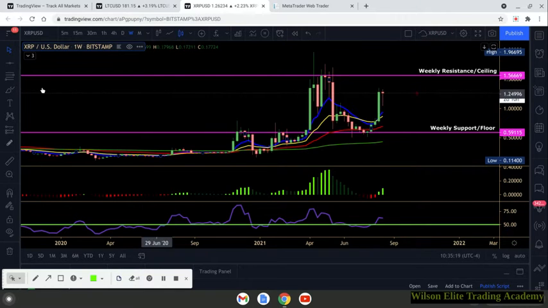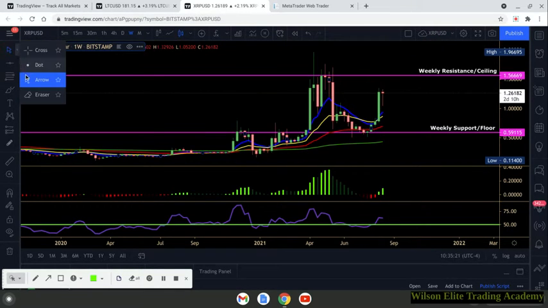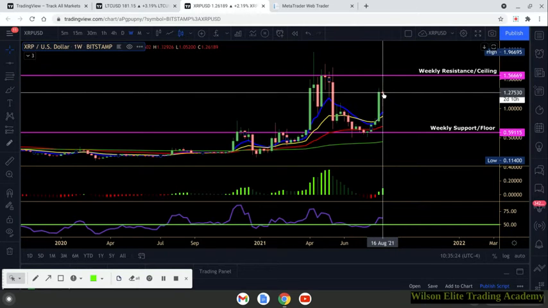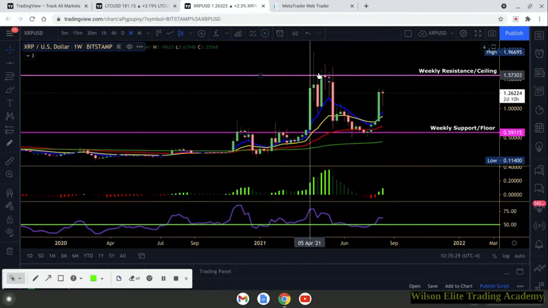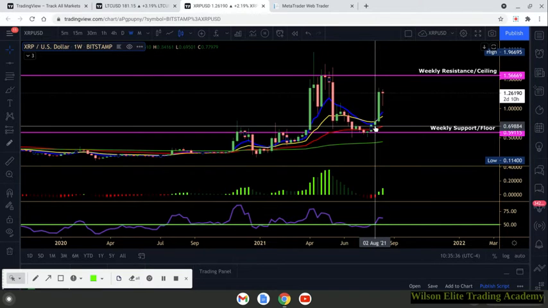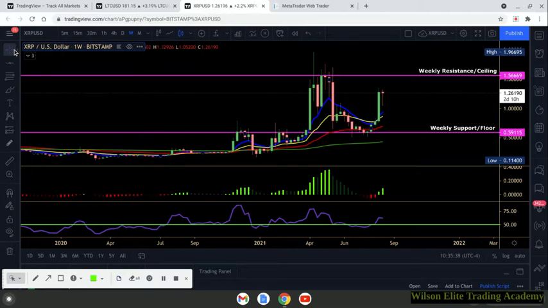I know price is currently here, but based off this candle, I know a ceiling is approaching, and I know that price just came from a floor. So it's a strong possibility that since price is right here, it can potentially come up to the zone and try to test it again to see if they can break it. Currently, as of today, price is at $1.26 on XRP.